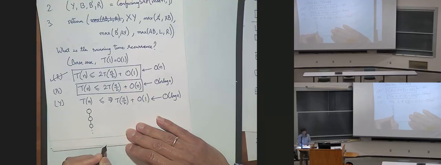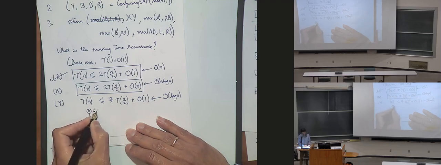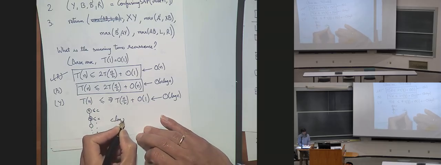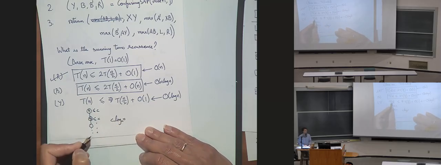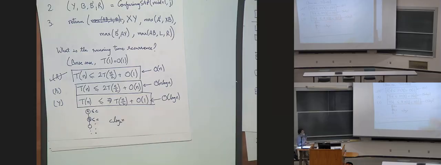It's going to be n over 2, and so on and so forth. It's at most c, so it's just c log base 2 of n. Does this make sense for this tree? So these are the 3 famous or common recurrences that you should know and keep in mind. Okay? Any questions?